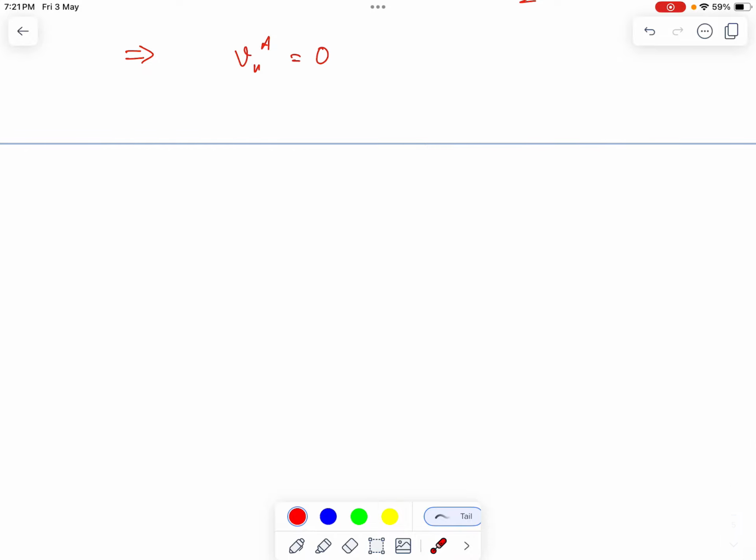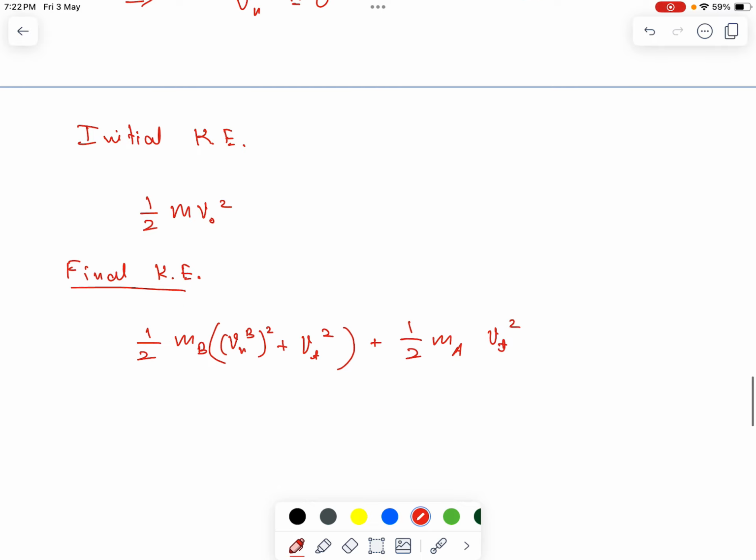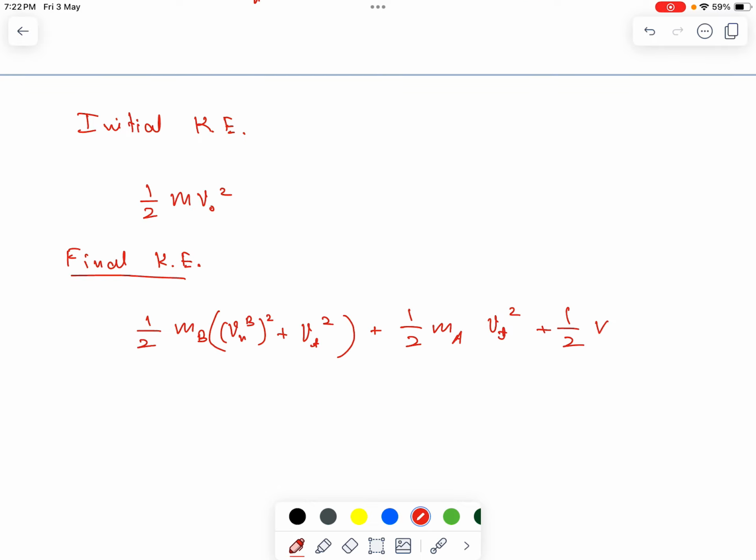The initial kinetic energy will be half m V0 square, and the final kinetic energy is half mass of B times Vnb square plus Vt square, plus half mass of A Vt square, plus half mass of C Vc square, which is 0, right?